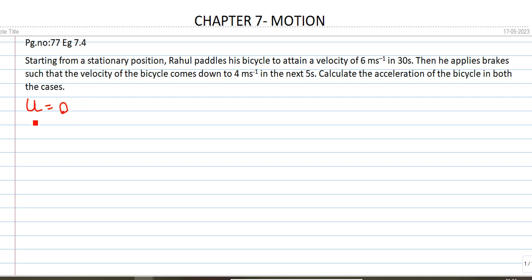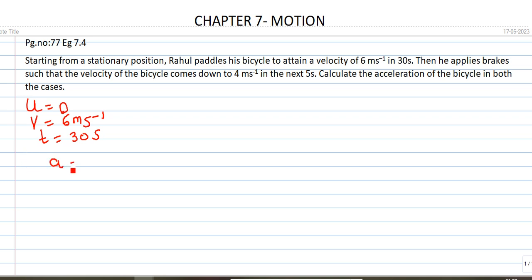The final velocity he is attaining is v, which is 6 meters per second. The time taken to reach this final velocity is t, which is equal to 30 seconds. We are asked to find the acceleration.